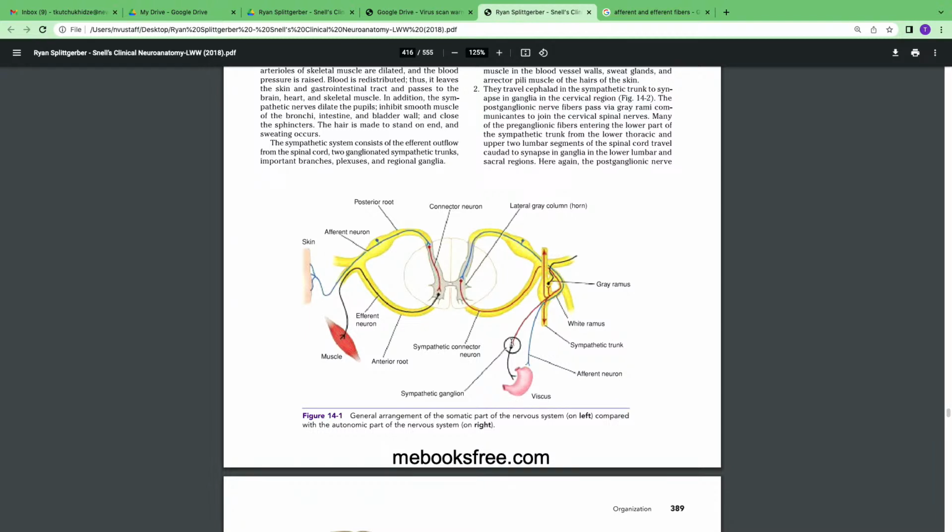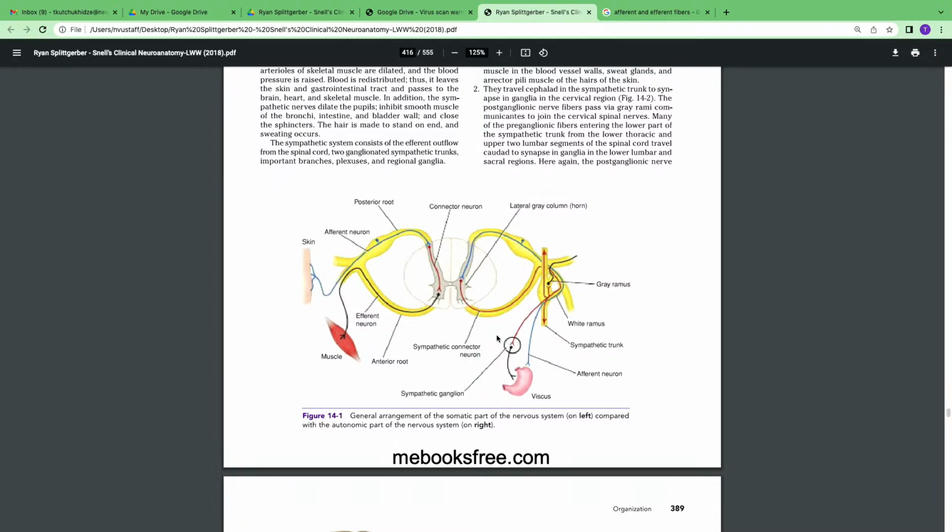Where the pre and postganglionic synapse together, we call it, for example, the sympathetic ganglia, or parasympathetic ganglia, depending on whether we're talking about the sympathetic or parasympathetic systems.